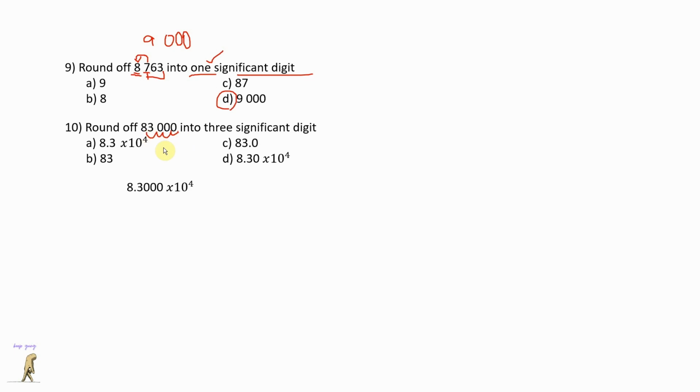So this is raised to 4 here. And we know this specific number, 8.3000, has 5 significant digits. But in the problem that we have, we only need 3, right? So what we need to do is count from left to right. So 8, 3, and 0. Then we copy the times 10 raised to 4. It is the same as here, the answer that we have, letter D.